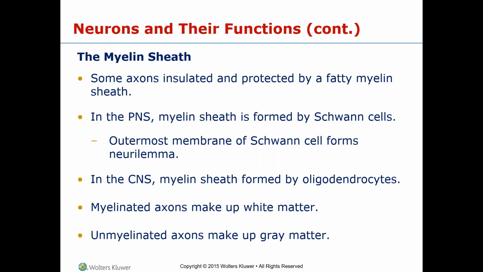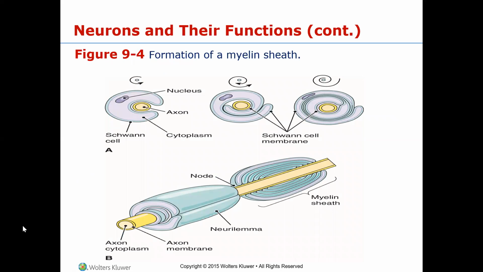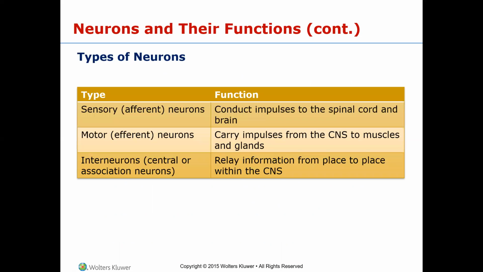The gray matter is unmyelinated, so we don't have all of these Schwann cells and all this fatty protection there. So that's our gray matter.